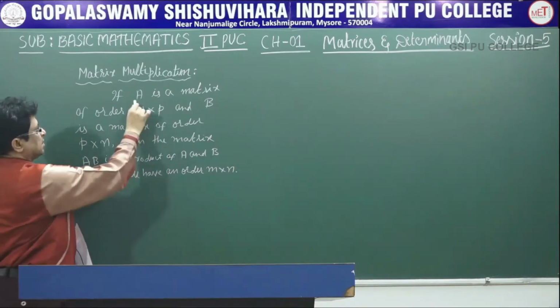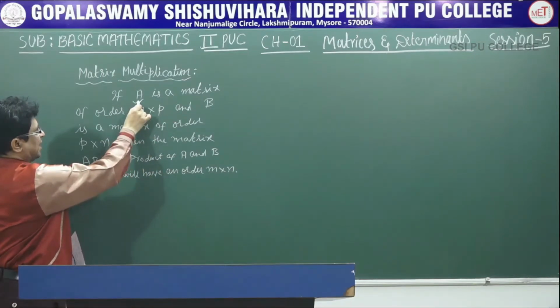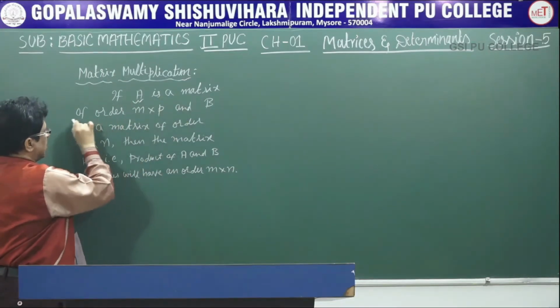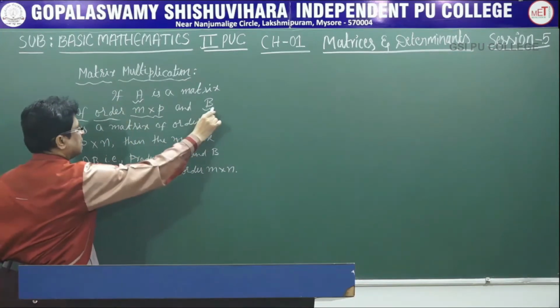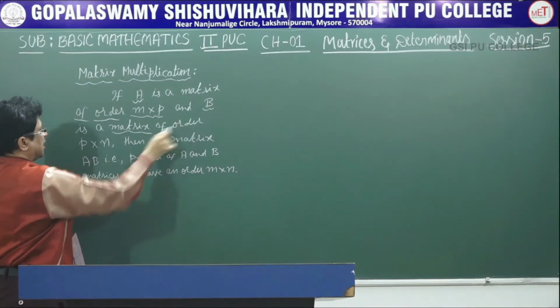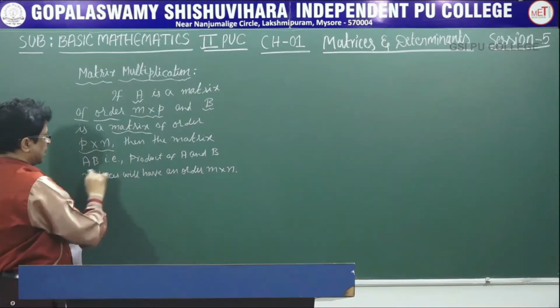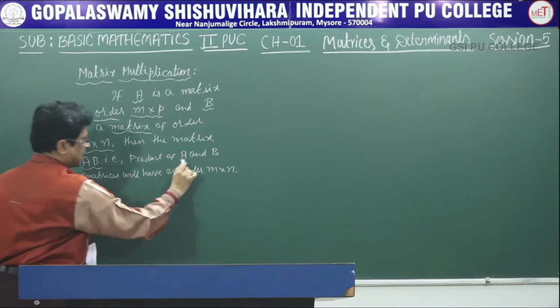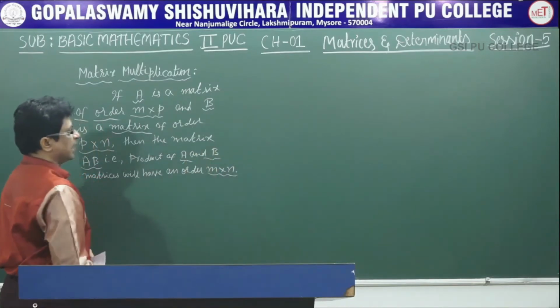That means A matrix is of order m into p and B matrix is of order p into n. Then the matrix AB, that is the product of A and B, will have an order m into n.